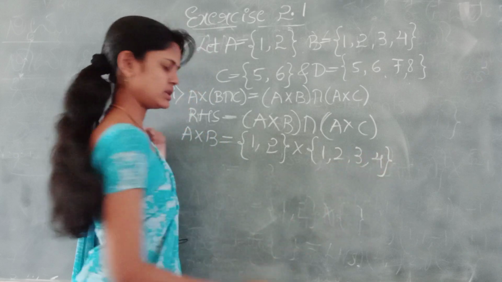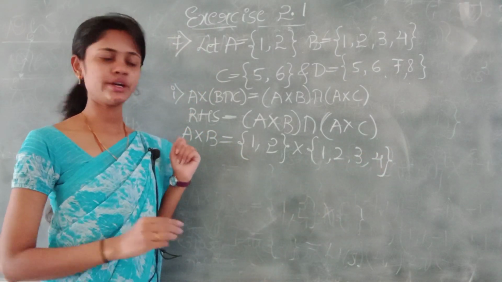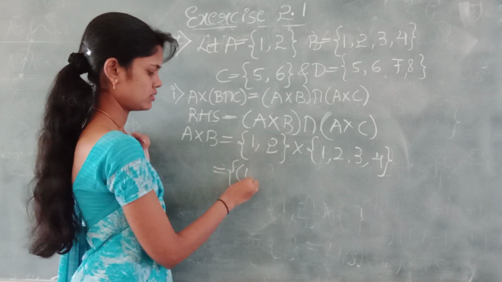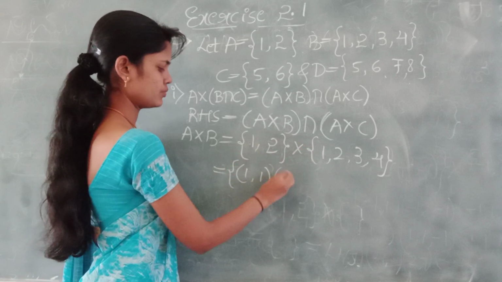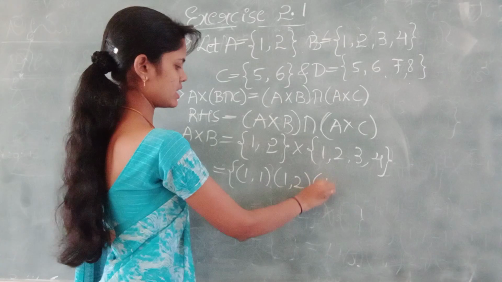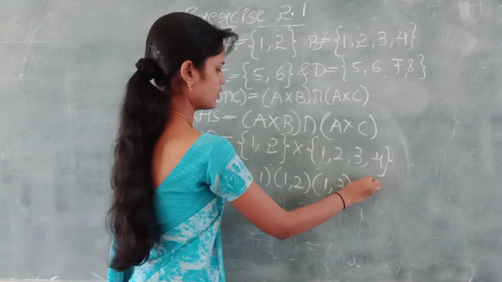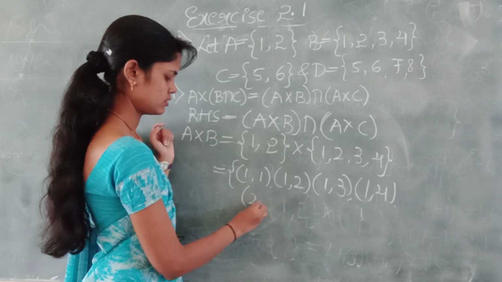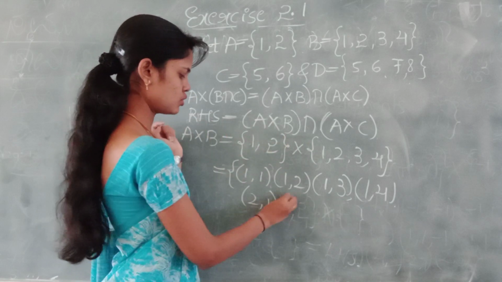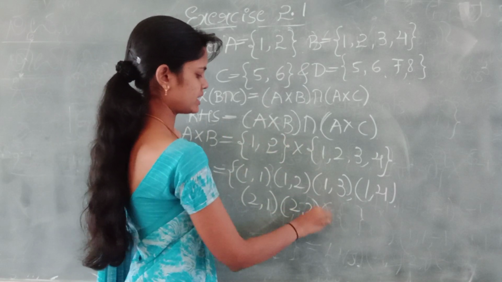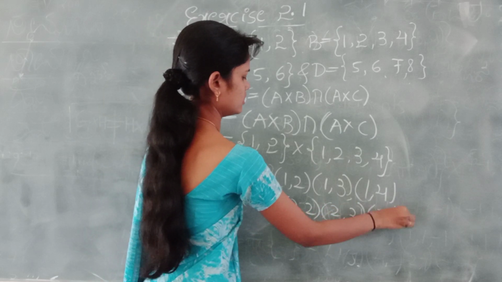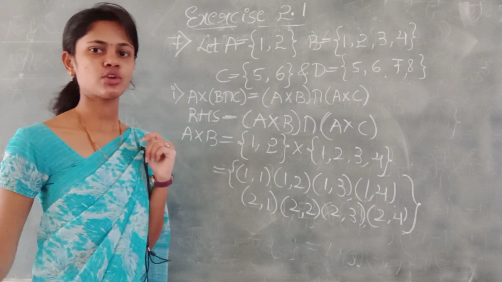A cross B means you have to write the ordered pairs. So (1,1), (1,2), (1,3), (1,4), then (2,1), (2,2), (2,3), (2,4). This is A cross B.